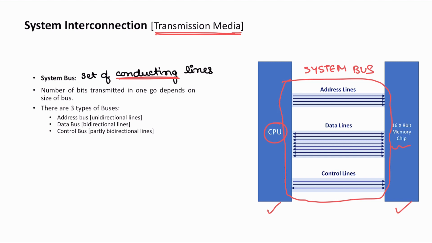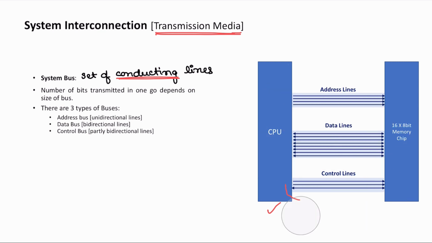That means we can create some potential difference between the two ends of this line. So it is nothing but a line through which electricity can be passed.